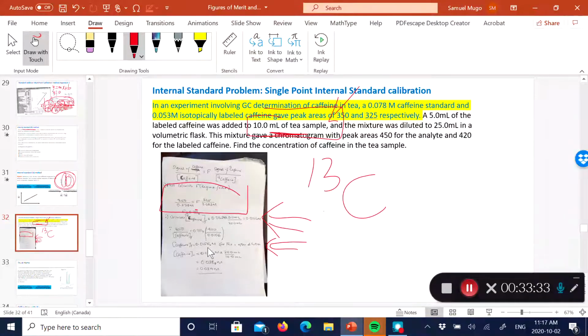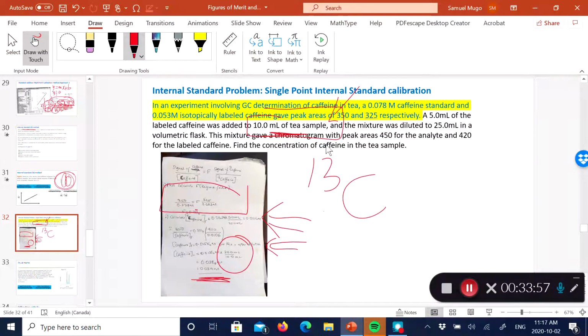You take the number that you got right here, which is what you analyzed, but you diluted it. So you need to multiply it by the concentration factor, which is the total volume, 25, divided by the 10, which is what you originally had. And so the answer is going to be 0.039 molar.